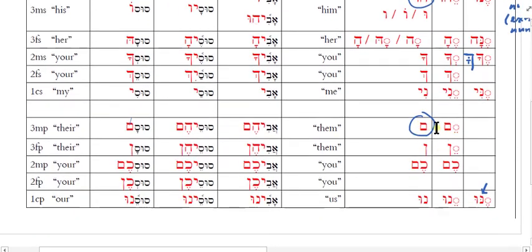So the third masculine plural direct object pronominal suffix is just a mem or nun, okay? When we add it to the perfect, this is when we add it to the imperfect, and by extension, the imperatives. So sere mem and sere nun for them, masculine and feminine. So yeah, you'll see the hem and hen on nouns, okay, but not on verbs when they're pronominal suffixes there. Okay, you're welcome.